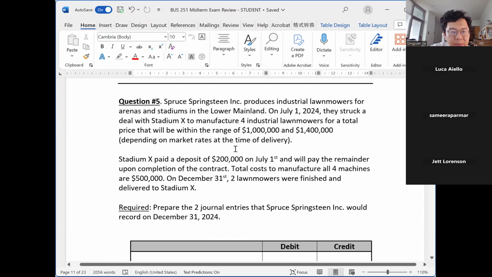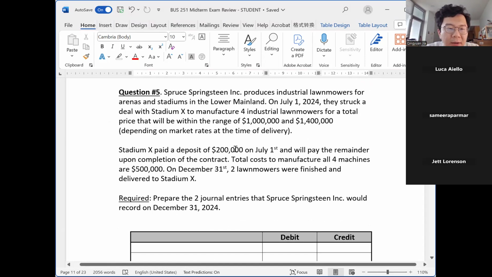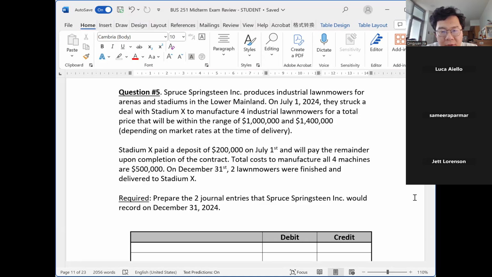For question 5, let's read this all together. So this Springston company produces industrial lawnmowers for arenas and stadiums in the Lower Mainland. On July 1st, 2024, they struck a deal with Stadium X to manufacture four industry machines for a total price that will be within the range of 1 million and 1.4 million, depending on the market rate at the time of delivery.